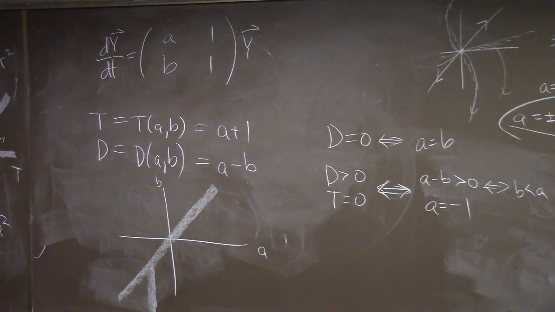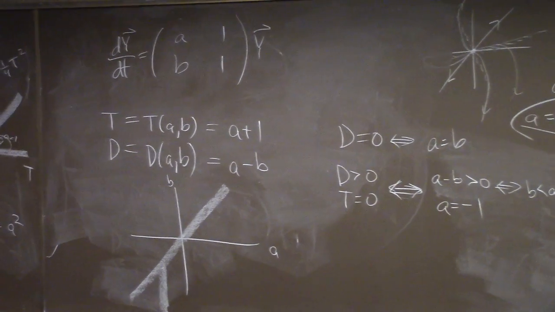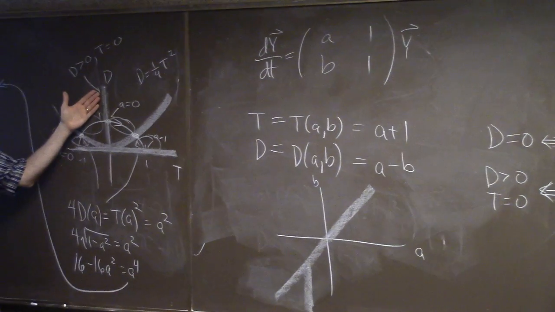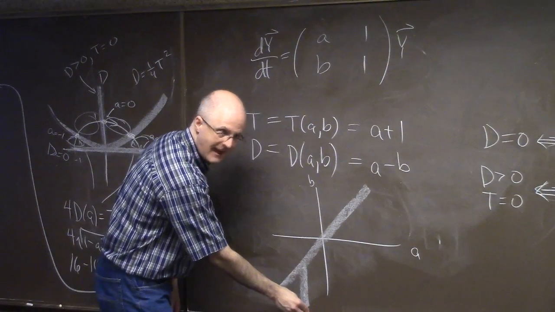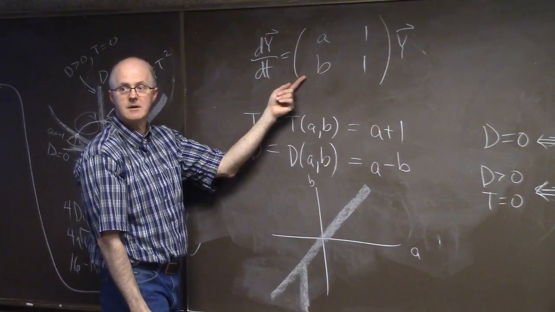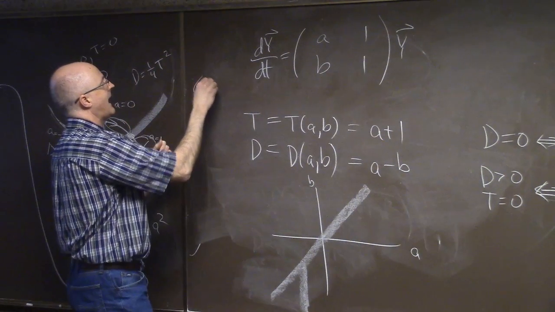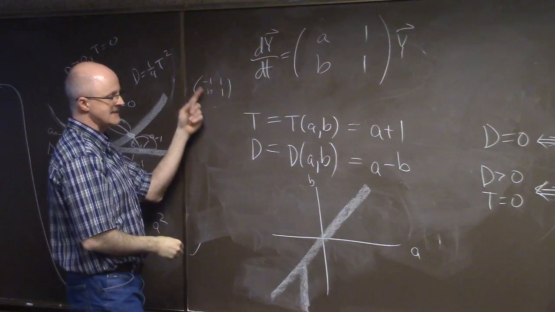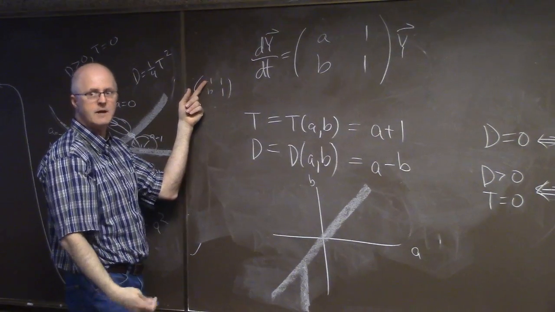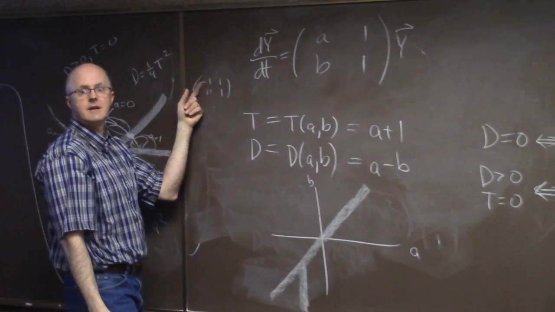It corresponds to the positive d-axis in this one. That was where you got centers. So when A and B are on this line, that's where this system is going to have a center. When A is -1 and B is less than -1, -2, -3, whatever, you're going to get a center.